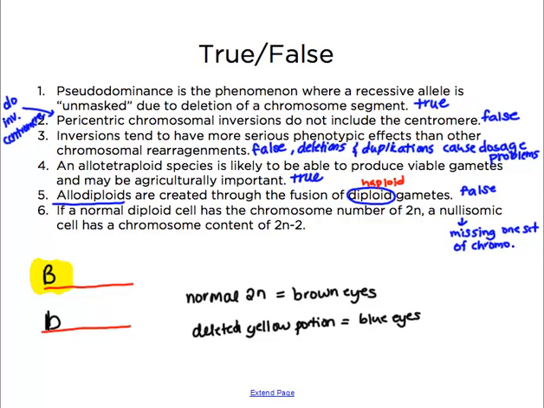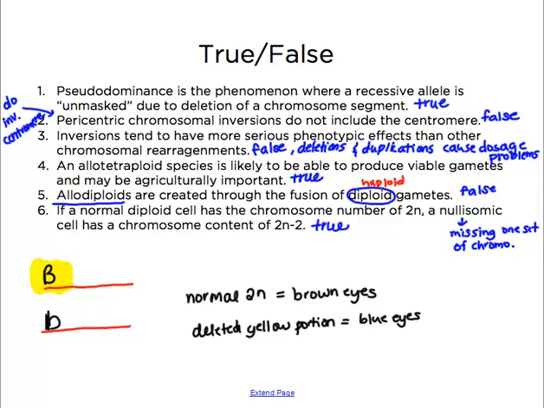If you're missing, let's say, pair 2, that means you only have pairs 1, 3, and 4. So you're only going to have 6 chromosomes. So a way to write this is 2N minus 2, because a normal diploid has 2 copies of every chromosome, and if you're missing both copies of one of them, then you subtract 2. So this is true. It is the formula for writing a nullosomic individual that is originally diploid.